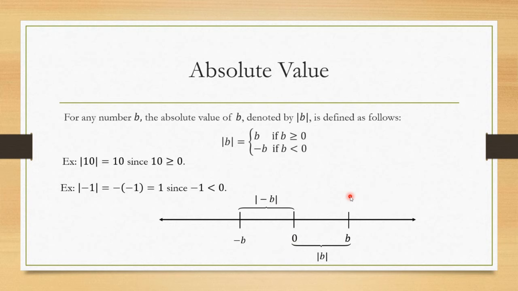Thinking about it in terms of distance does make things a little bit easier. You'll see what I mean when we get to absolute value equations. For instance, if we had -1, it's 1 unit away from 0. It's to the left of 0, which is why it's negative, but it's still only 1 unit away. So it makes sense that this should be 1.